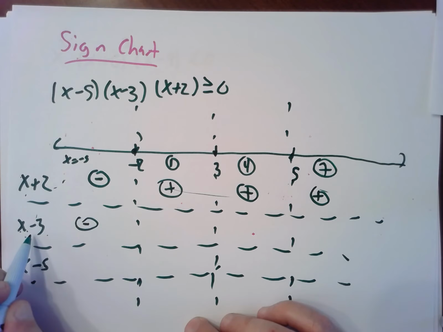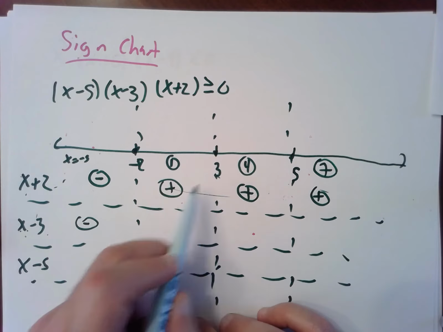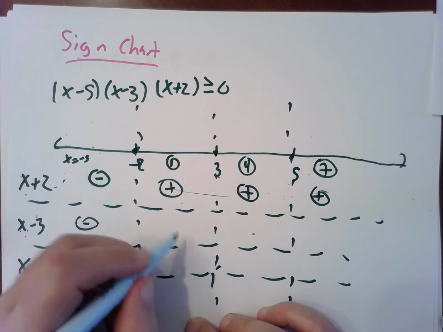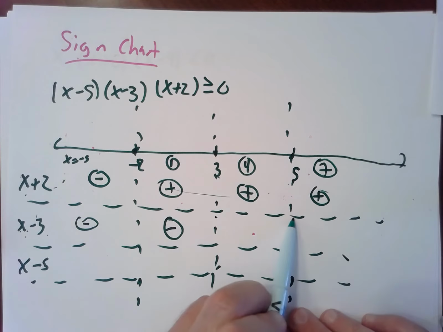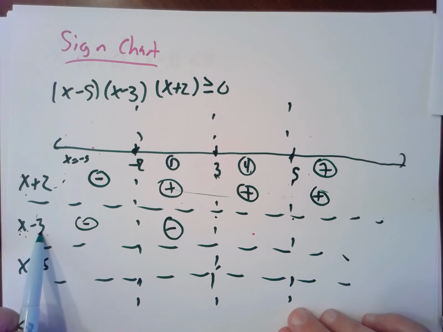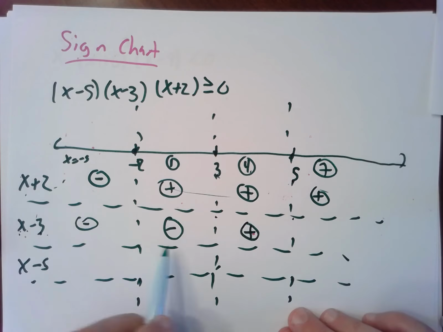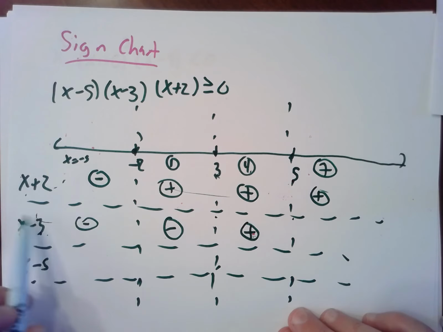That thing is negative. In this region, between -2 and 3, if I plug in 1, 1 minus 3 would be -2. That's negative. In this region, in between 3 and 5, 4 minus 3 would be +1. That's a positive. Look, he just switched from negative to positive. And he switched at the value that makes him 0, at 3.